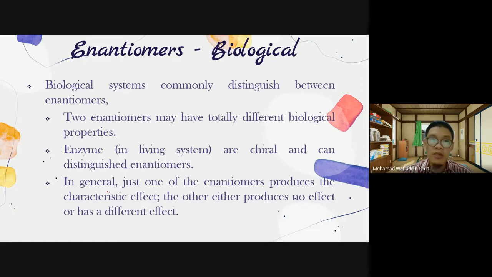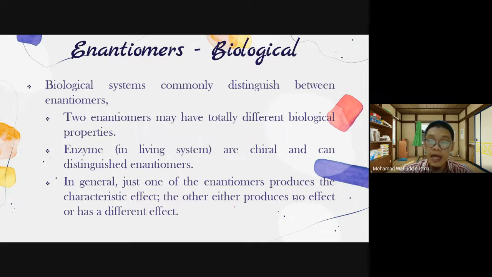Another idea of enantiomers is in terms of biological activities, the differences in reactions in the biological field. Biological systems commonly distinguish between enantiomers. Two enantiomers may have totally different biological properties. Enzymes in living systems are chiral and can distinguish enantiomers. In general, just one enantiomer produces the characteristic effect.